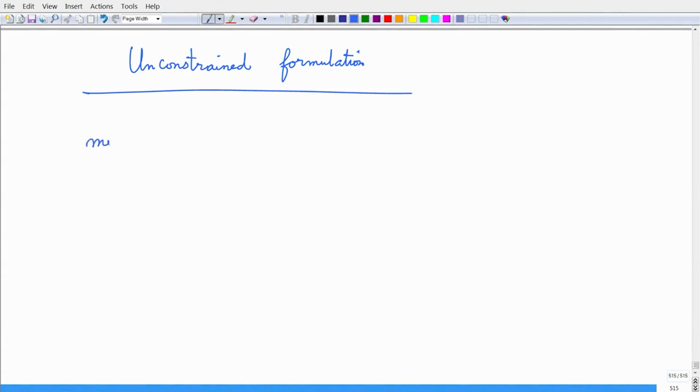So minimize, I consider the same regression problem. I look at this L2 norm between x times w minus the response vector y. I want to minimize this norm, square of the norm over all choices of w, subject to this constraint.